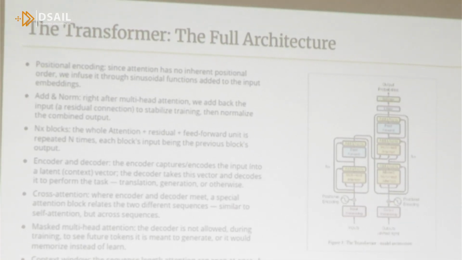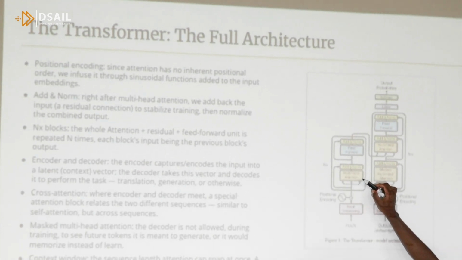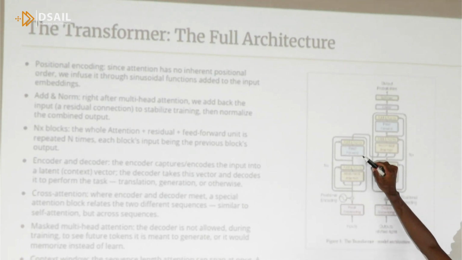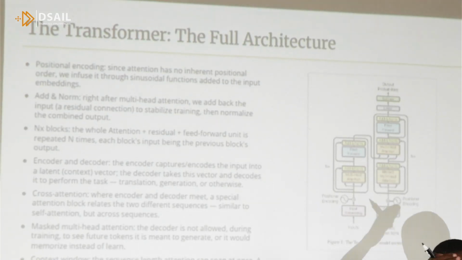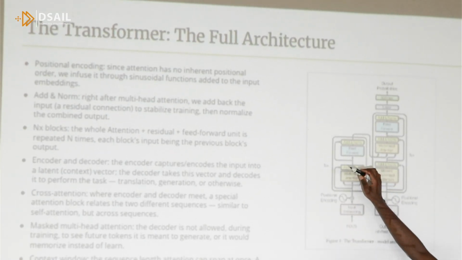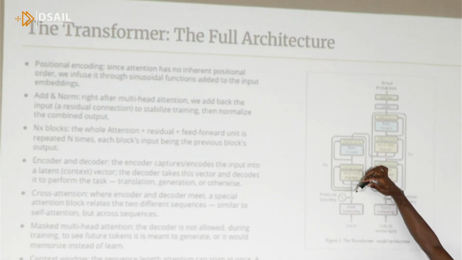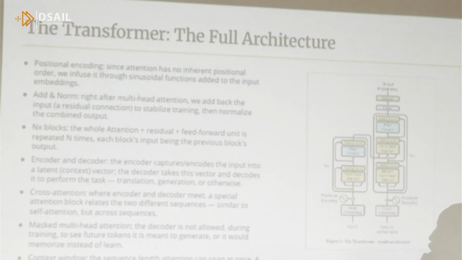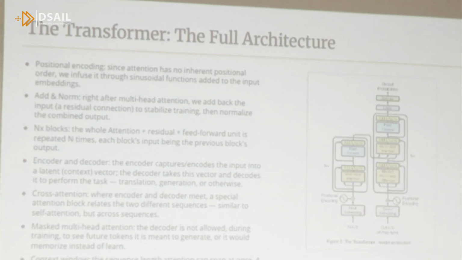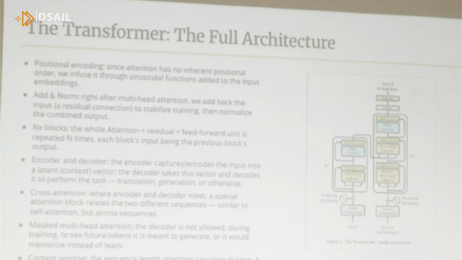The idea is we take the input here, we pass it to the multi-head attention, we get the output, simply the process we've looked at in depth. It is simply this one part only. But once we get the output, we add back the input that we had before doing attention. It's called a residual connection, and the idea is to stabilize training. And then we do normalization.